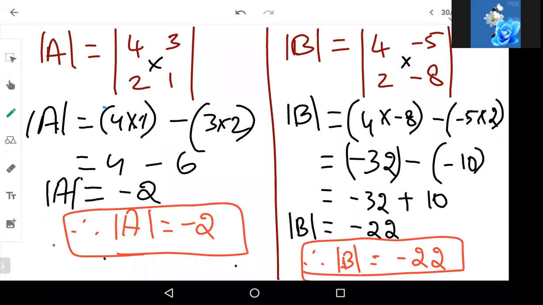Okay, good. So wait a second. Okay. So now solve this then. Solve this determinant and tell me the answer.